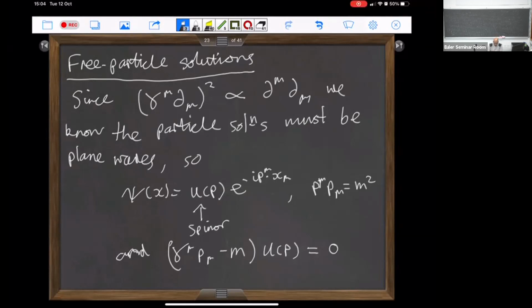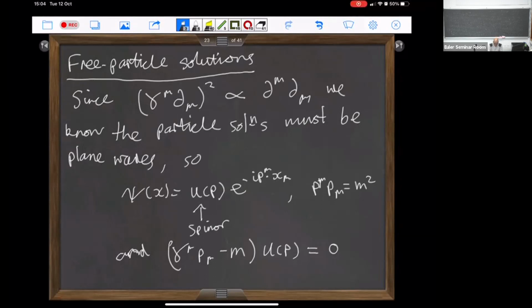So if the particle has momentum p^μ and a given mass, then we can write the solution as e to the minus i p_μ x^μ, where p_μ squared is m squared, as usual, and the whole thing is multiplied by a spinor field that depends only on the momentum.